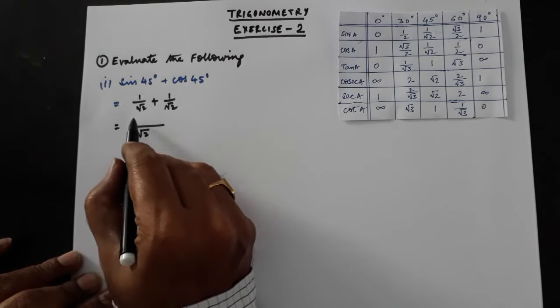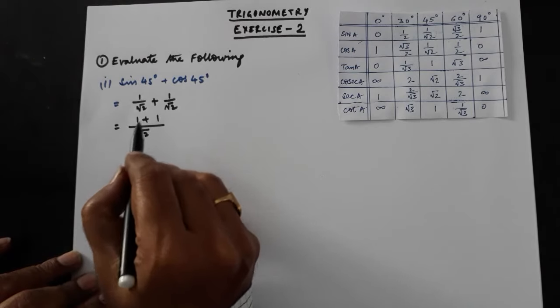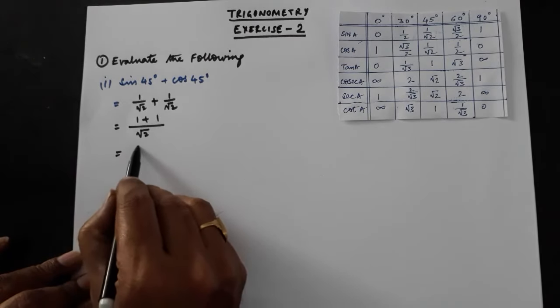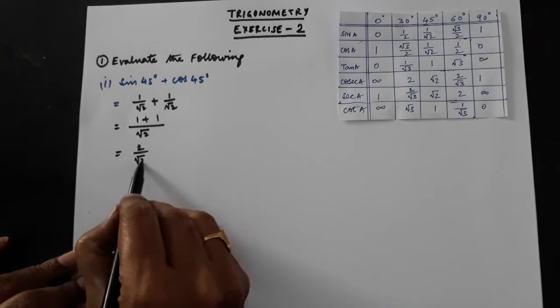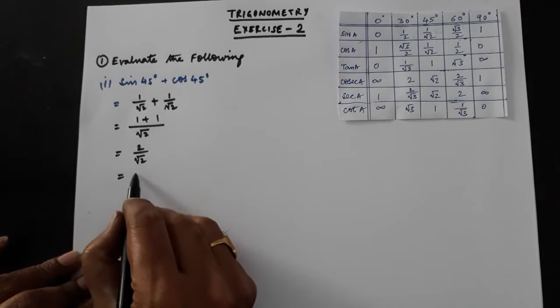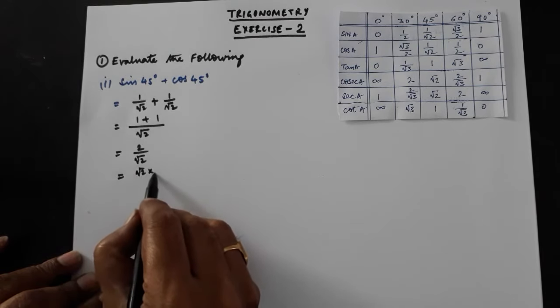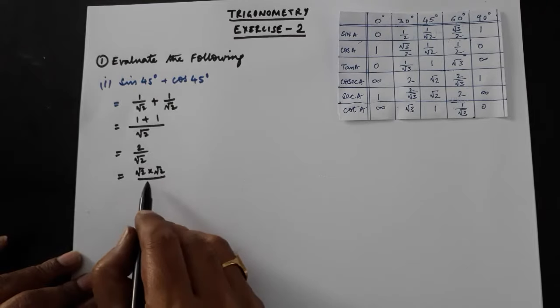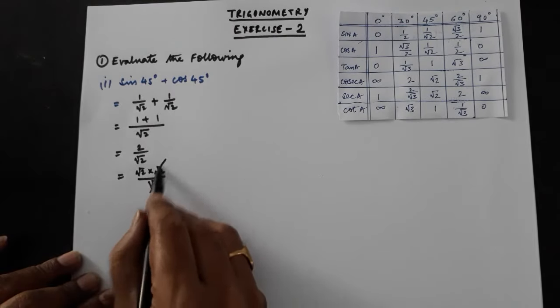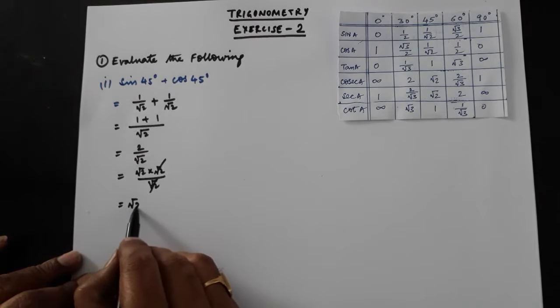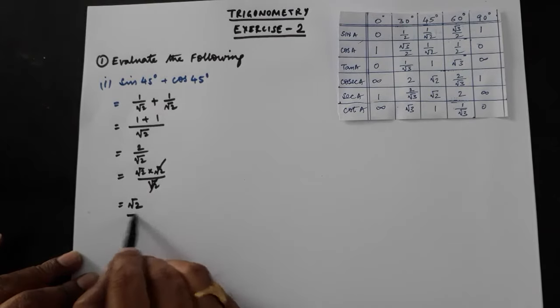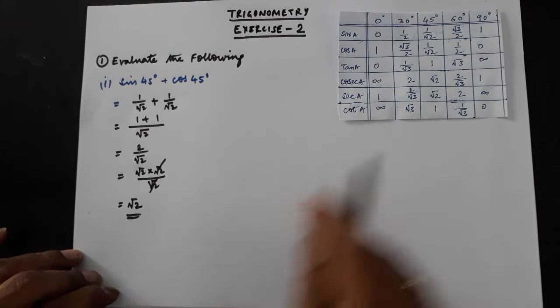Root 2 is the LCM, so we have 1 plus 1, which is 2 by root 2. Root 2 we can write as root 2 into root 2 by root 2. So root 2 is gone, and we have root 2. Okay, the answer is root 2.